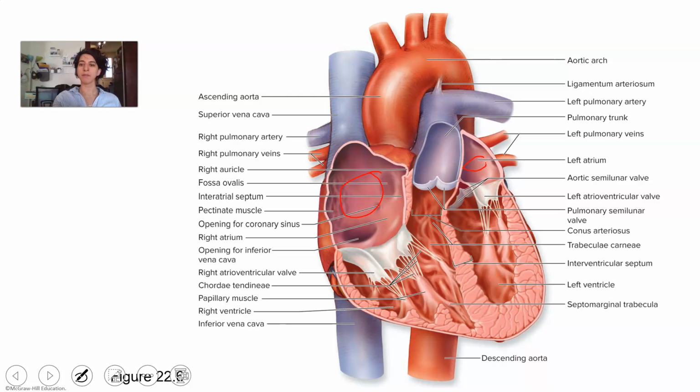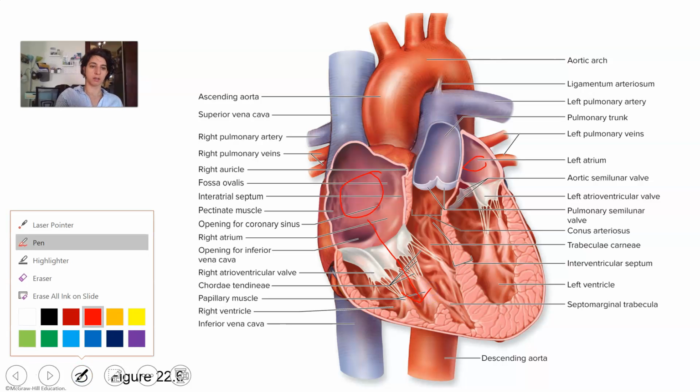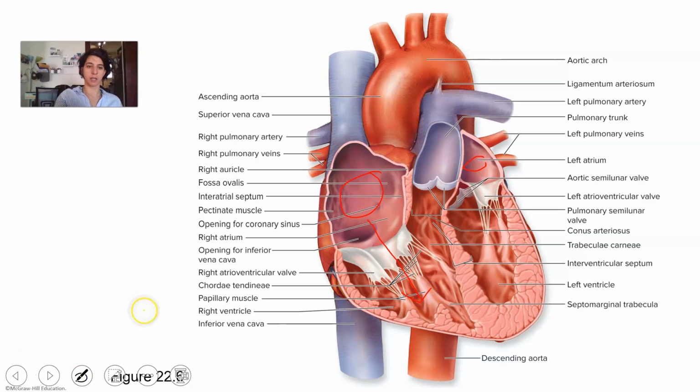And on the left side of the heart, in the left atrium, we're receiving oxygenated blood from pulmonary circulation. Okay, so we fill the atria, and then as it fills, blood passes through this set of valves here.